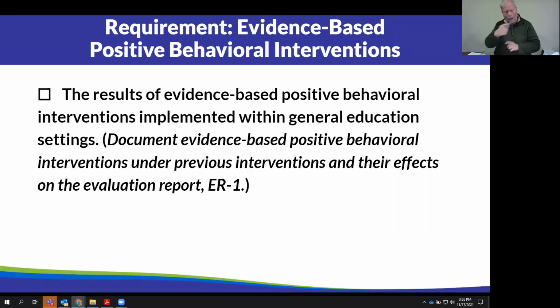So remembering that data earlier that talked about students with social emotional behavior challenges, they get way less of the good stuff from school and they get way more of the bad stuff. So a student who reaches the point of being evaluated where a team's considering whether or not they have an emotional behavioral disability, this student's likely a kid who's gotten lots of bad stuff from their school experience and needs a lot more of the good stuff that schools offer to sort of change that trajectory that they may be on.